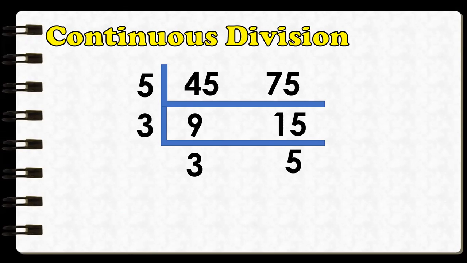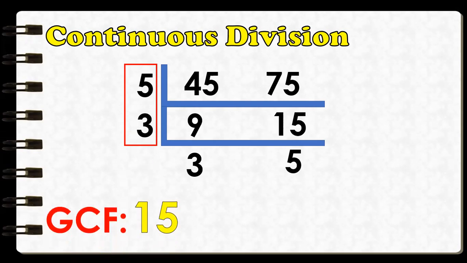So there's no other number we can divide both 3 and 5 with, so we're going to stop. Multiply the common divisors, which are 5 and 3. 5 times 3 is equal to 15. So 15 is the greatest common factor of 45 and 75.